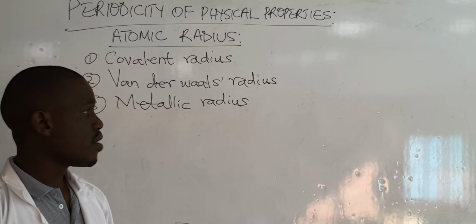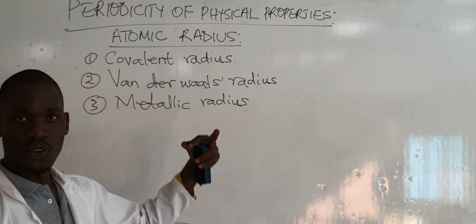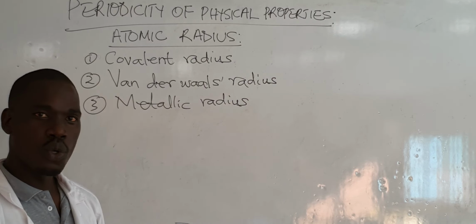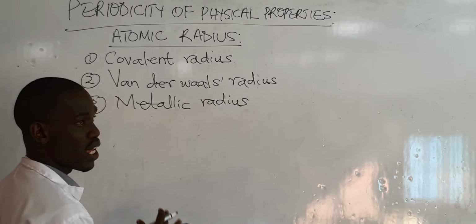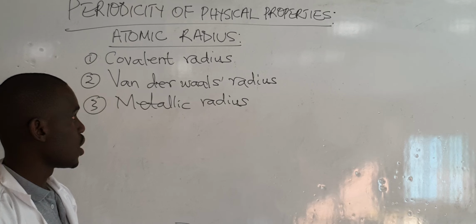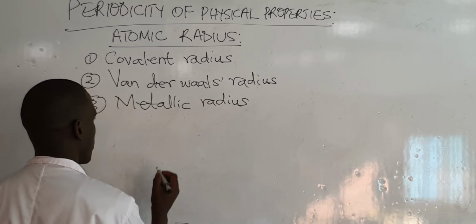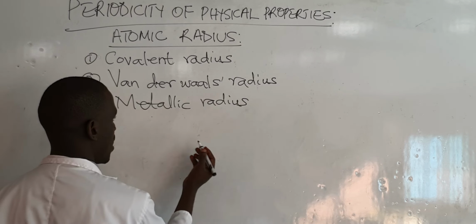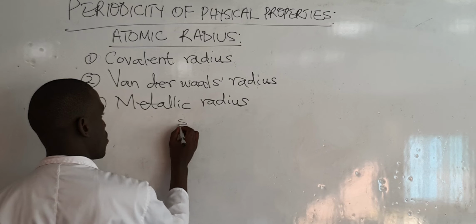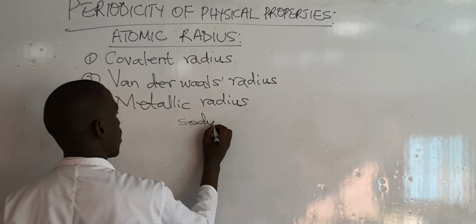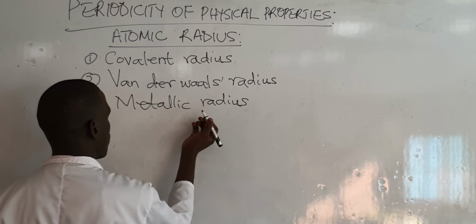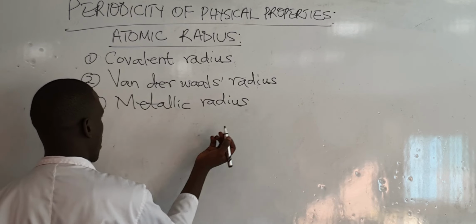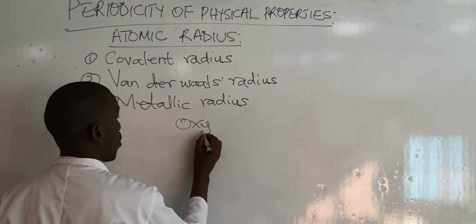So, what is covalent radius? Look at two atoms which are covalently bonded to each other, two atoms of an element. Take oxygen, which can form a covalent compound.